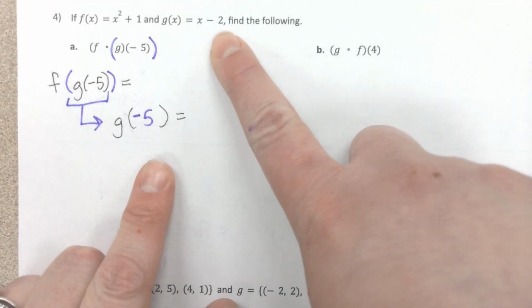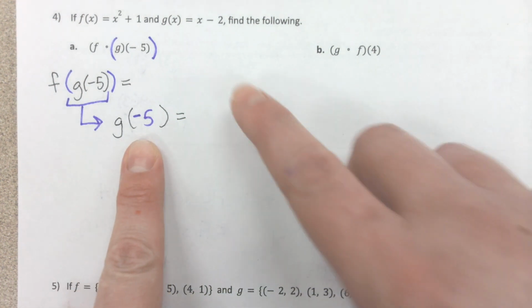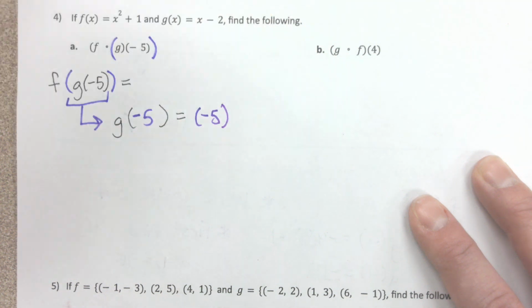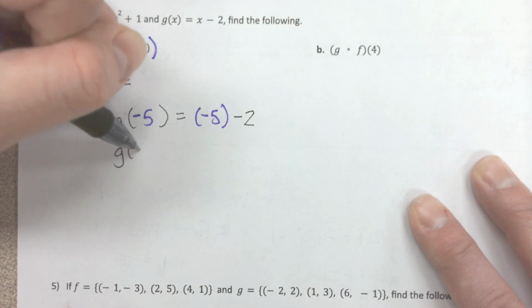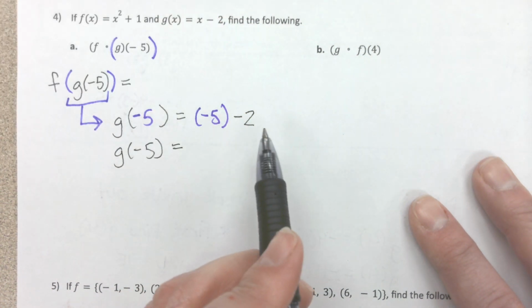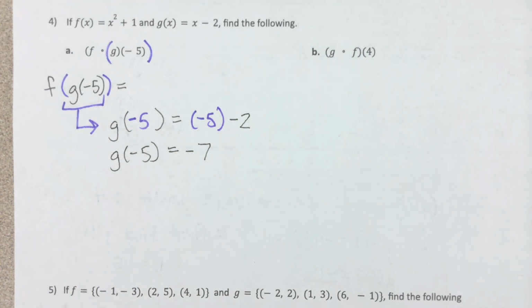G function is just x minus 2, very easy function. We're going to put negative 5 into x. So we get negative 5 minus 2. G of negative 5 equals negative 5 minus 2 is negative 7. That was the inside function.